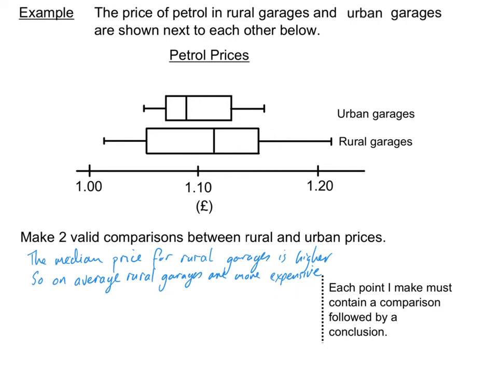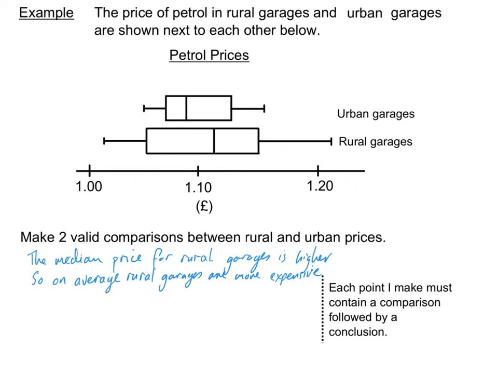The second thing I can make a comparison on here is the interquartile range. So remember, the interquartile range is Q3, which is this line here, take away Q1. If I do this value, take away this value, it effectively gives me the length of this line. So the interquartile range is the length from here to here, and the interquartile range for rural garages is the length from here to here.